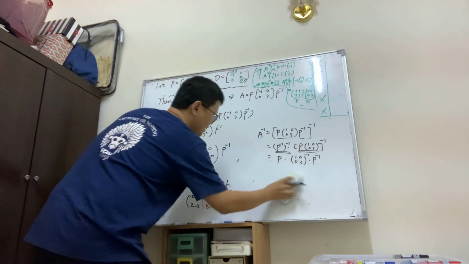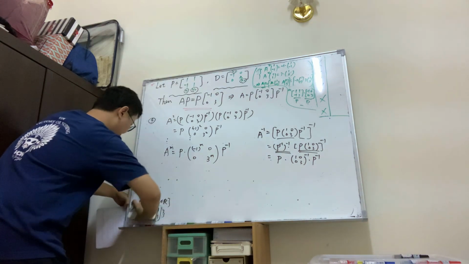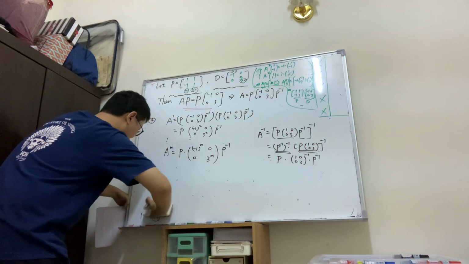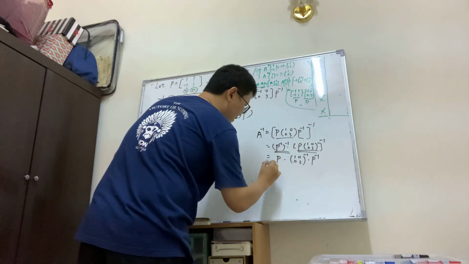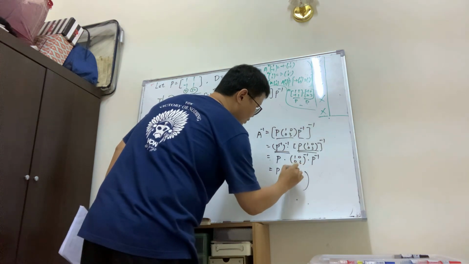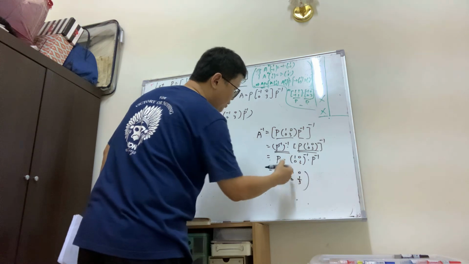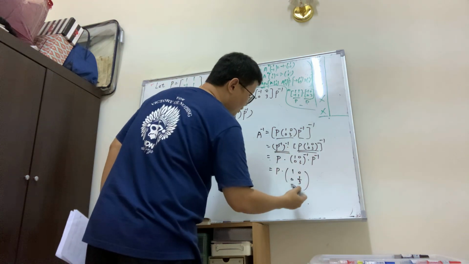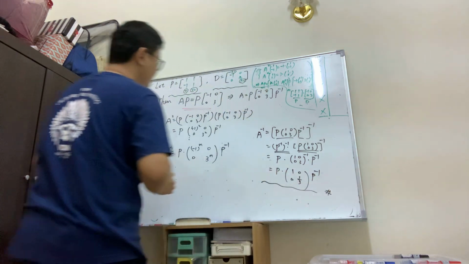And then finally, for the diagonal matrix, its inverse is exactly its reciprocal. So just consider the reciprocal. -1's reciprocal is -1, and the number 3's reciprocal is 1/3. And it's our solution.